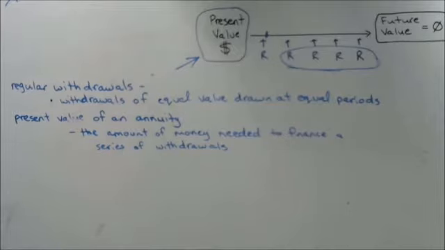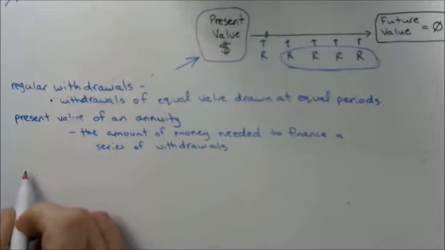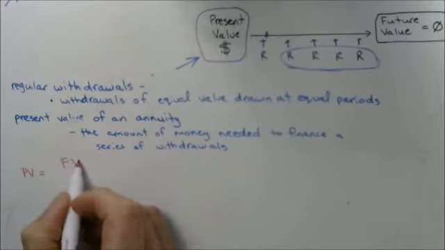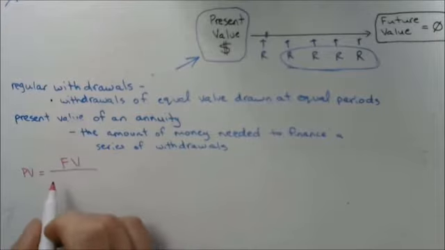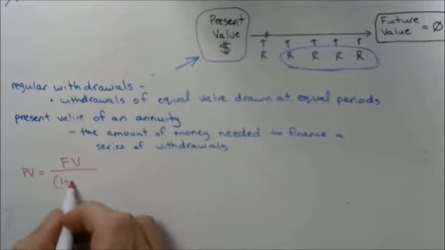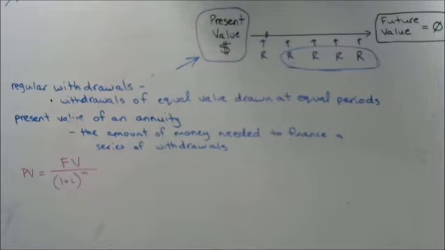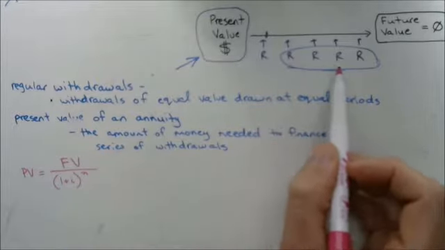Well, we use the same formula that we've been using all along. Present value equals future value over 1 plus i to the power of n. Okay? And now this present value, the amount that I need to have in the account, can be determined by adding the present value of all of the withdrawals.